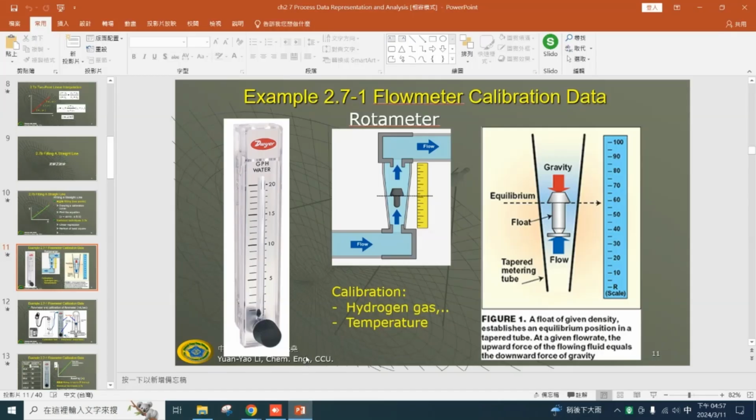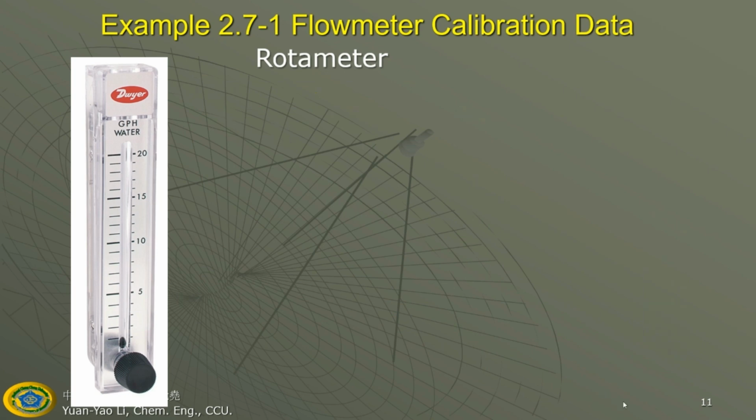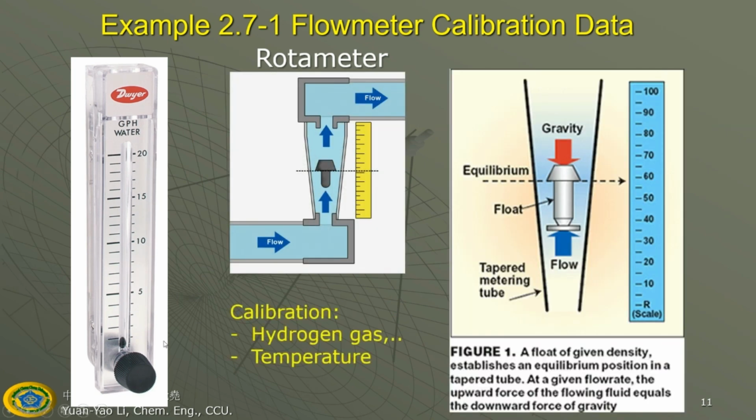So this is a kind of flow rate meter. This is a tapered metering tube. It's small at the bottom and big on the top. So the flow will push from the bottom to the top.